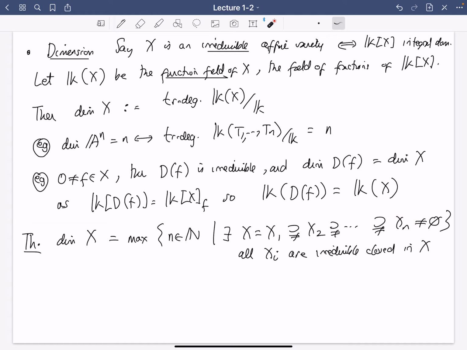Okay, I think that's everything I want to say about affine algebraic geometry. It took me quite a long time to go through that, but that language is really fundamental.